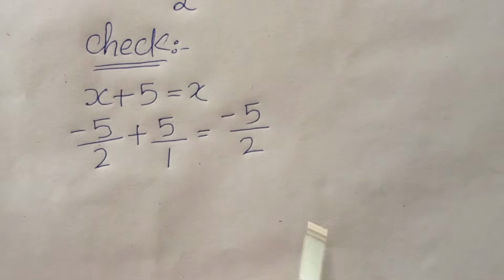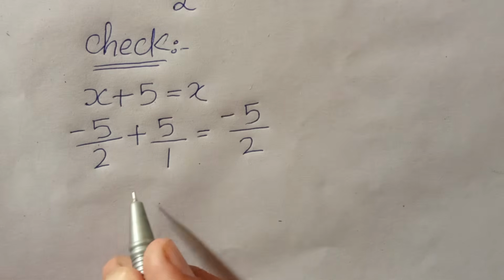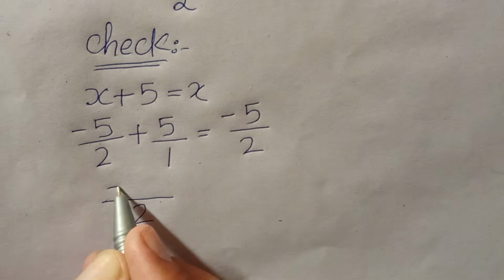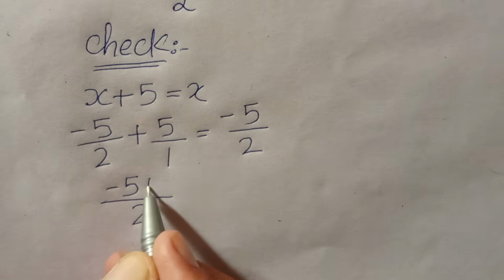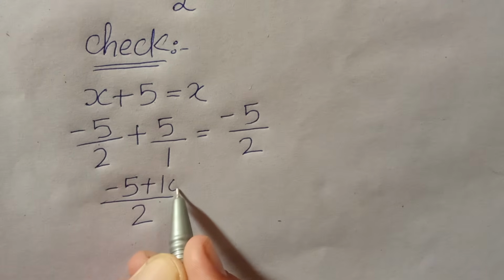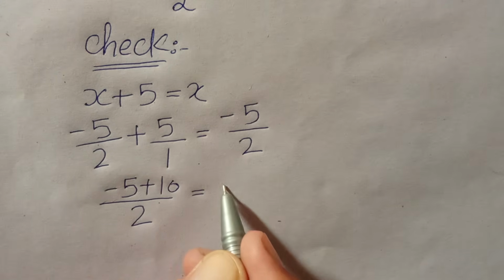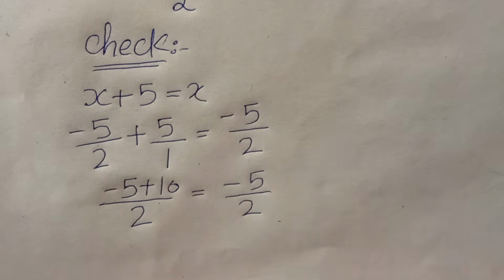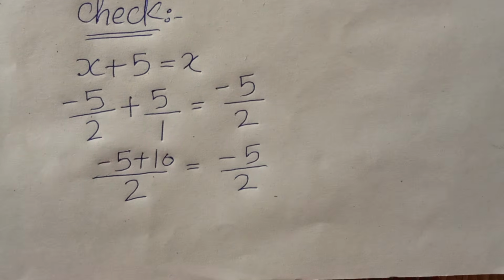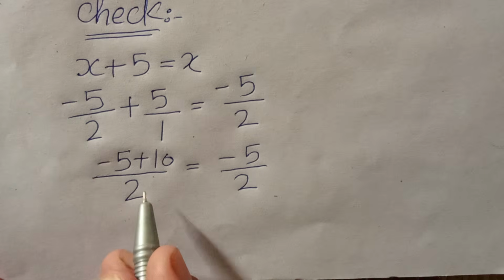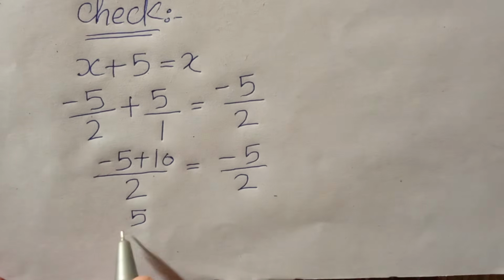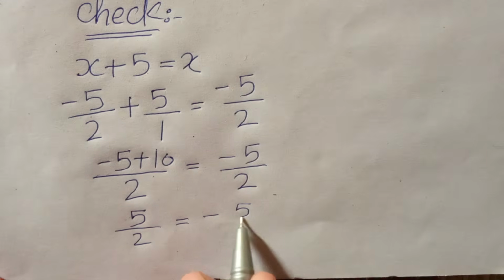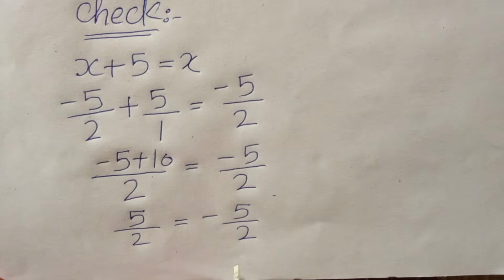Now taking the LCM of this one, the LCM is 2 and it becomes negative 5 plus 10 equals negative 5 divided by 2. Now negative 5 plus 10 equals 5 divided by 2 and is equal to negative 5 divided by 2.